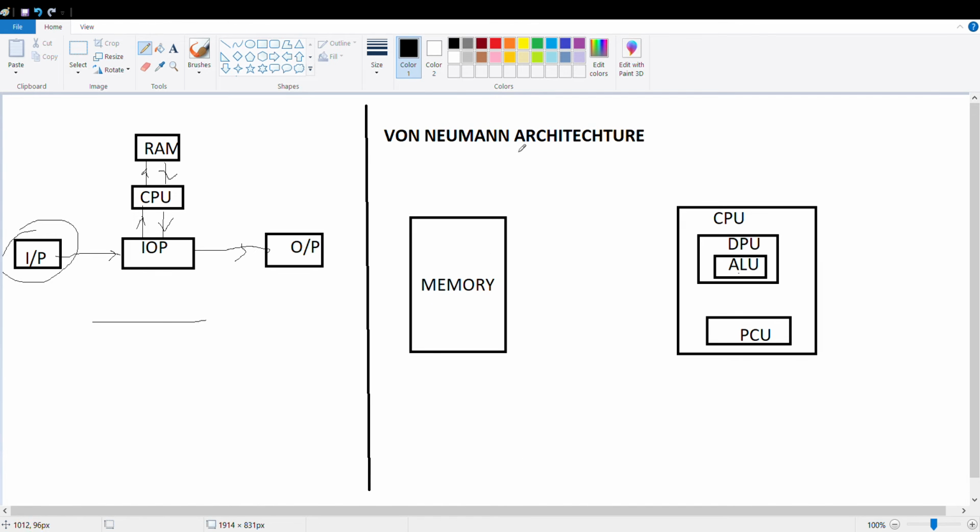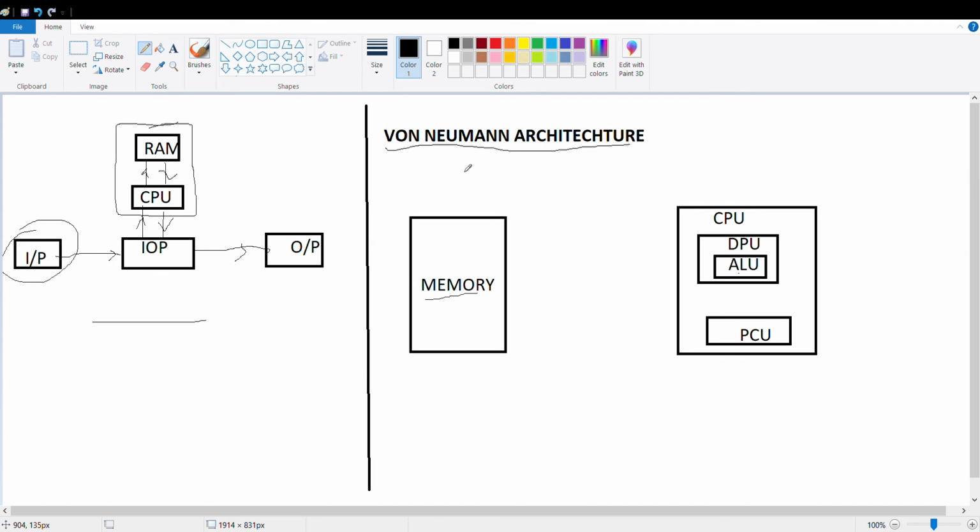And this is the von Neumann architecture. The von Neumann architecture is something that happens between the CPU and the random access memory, that is this memory and CPU. So the things that happen between these two will be discussed in this von Neumann architecture.